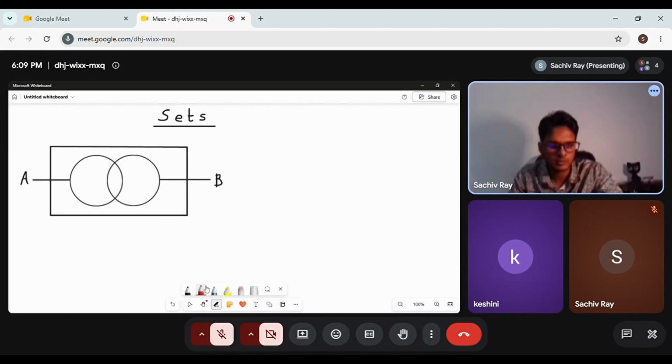What about something like this? Right. This part is colored, right? This part is colored, right? This part is also colored. What about now?